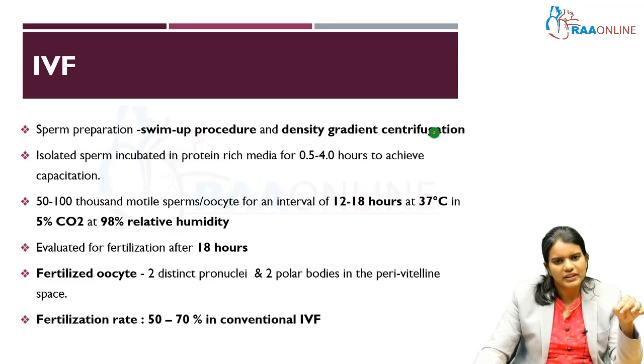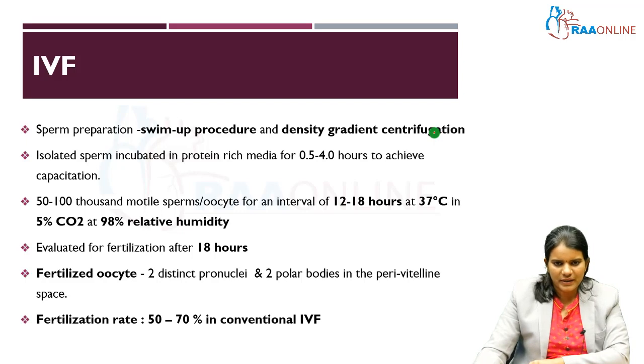And the fertilized oocyte will have 2 pronuclei and 2 polar bodies. As I told you, 1 polar body will be present in a mature oocyte, and in a fertilized oocyte, 2 pronuclei and 2 polar bodies are present. And fertilization rate is usually 50 to 70% in IVF and higher in ICSI.